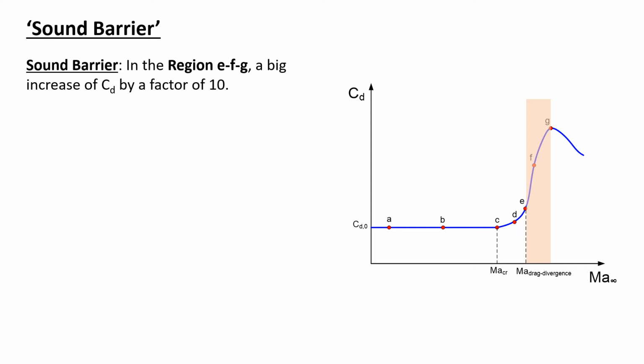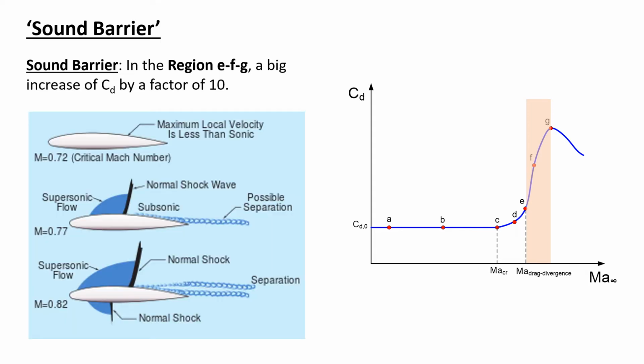And actually, we've already seen what happens in the flow. I'll just use a sketch to remind you. In the region EFG, we are expecting the second and the third flow pattern. The second flow pattern has, I would say, a reasonable size of supersonic flow, and the shock is already quite strong, and there's possible flow separation after the shockwave.